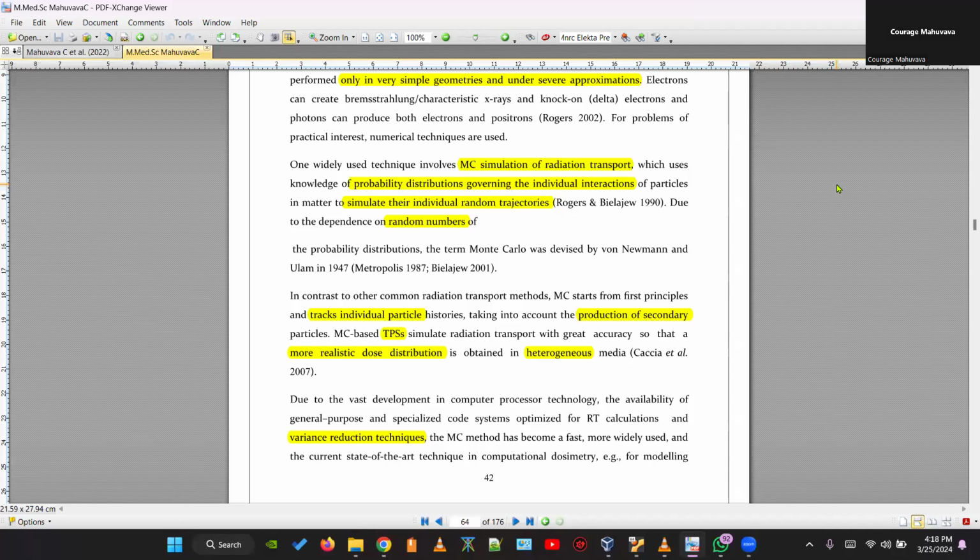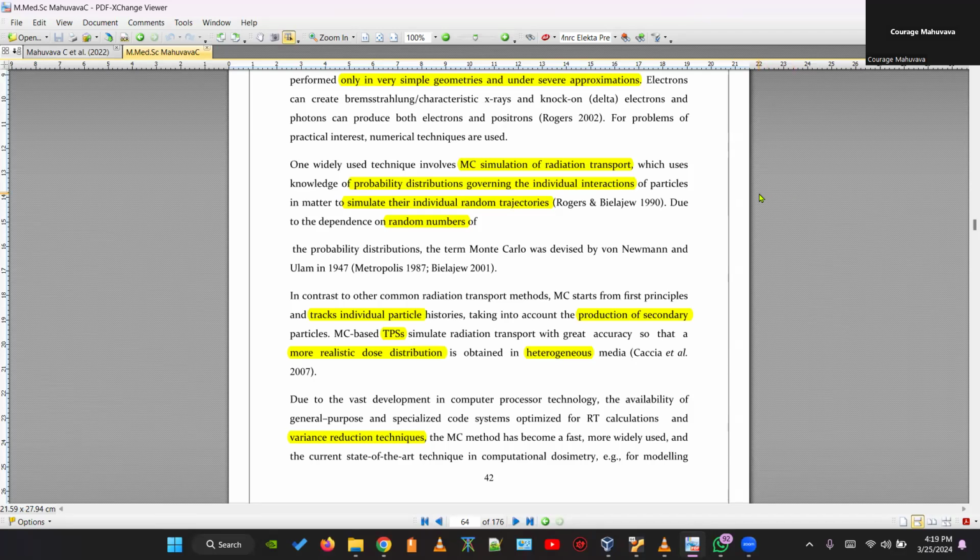And in contrast to other methods, it tracks an individual particle from the time of its creation until the particle is absorbed or until it escapes from the region of interest, and then we can neglect to track or follow that particle.